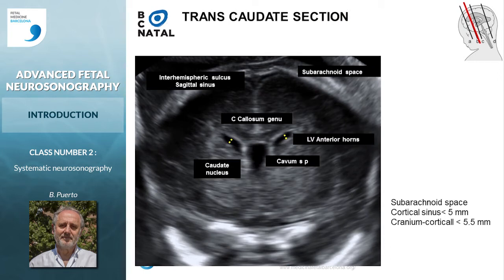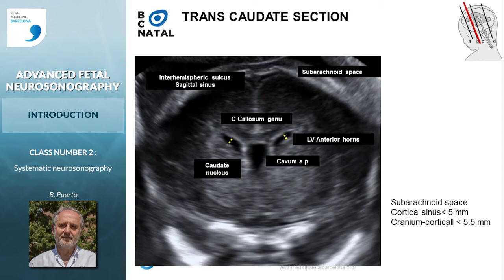We see the interhemispheric sulcus as well, the anterior horns of the lateral ventricles, cavum septum pellucidum and its walls, the caudates, in which the germinal matrix is located, from which the neurons are formed and then migrate to the cortex.